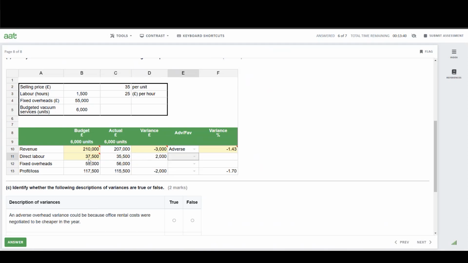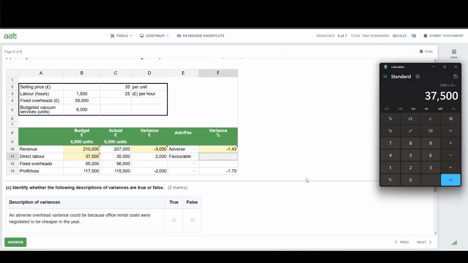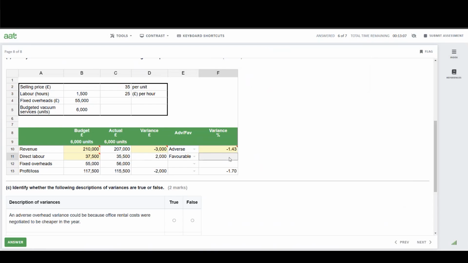So when we're calculating our cost variances, we will take our budgeted costs and subtract from that our actual cost. If you're doing revenue, it's the other way around. Start with your actual and subtract your budget. So favourable variance there. My variance percentage will be £2,000 divided by 37,500, which is my budget, times by 100, 5.33.